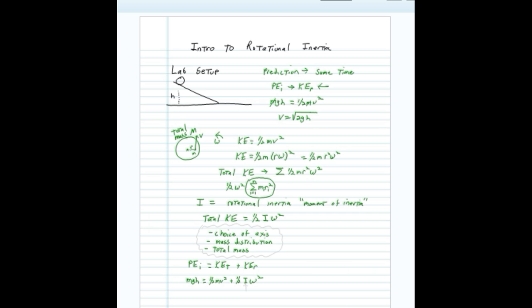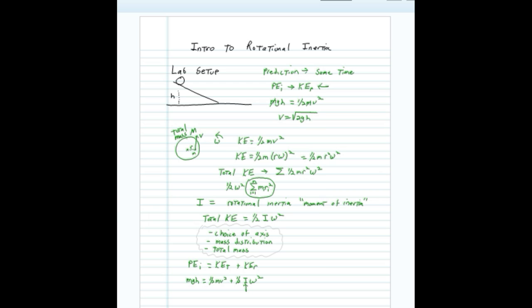I'm not going to get into all the details in this lesson, but if we were to solve this expression for v, we would note that the answer for v is going to depend on what the value of I is. And when I changes, that's going to change the velocity the object has at the bottom.